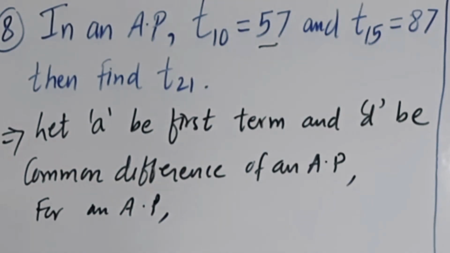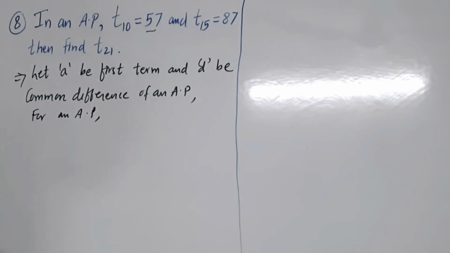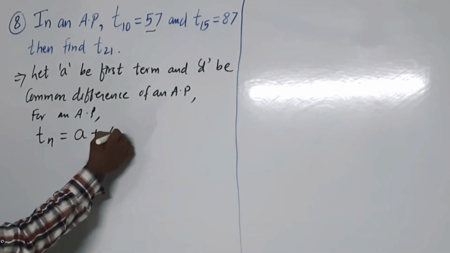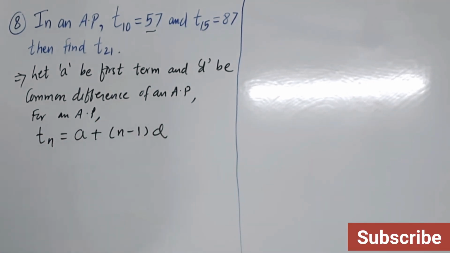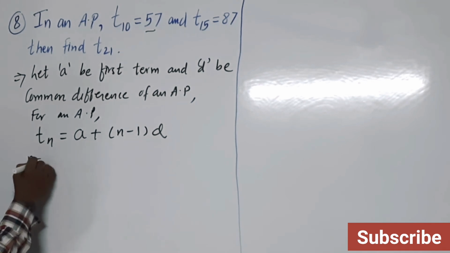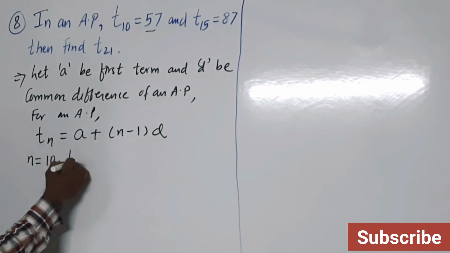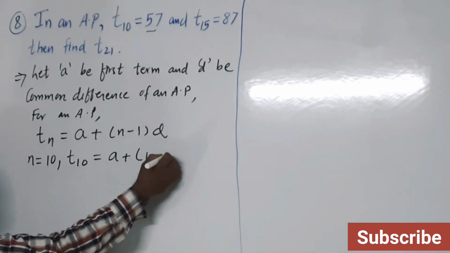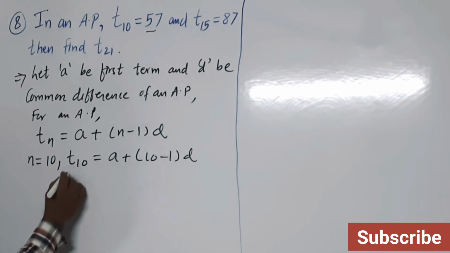Eighth example: in an AP, T10 is 57 and T15 is 87, find T21. Let a be the first term and d be the common difference of the AP. For an AP, Tn is equal to a plus n minus 1 into d. For n equal to 10, T10 is equal to a plus 9d.